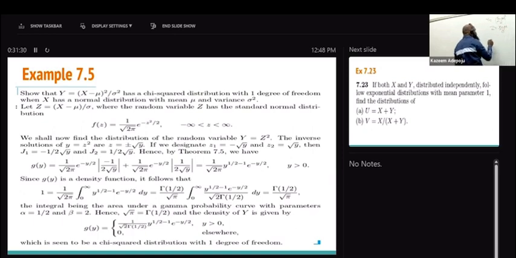It's more or less like y is z squared. If I square a standard normal variable, the distribution will give us chi-square with degree of freedom 1. That is what we want to prove here. Now, this is going to be 1 to 1. Now, in that situation, y equals z squared.